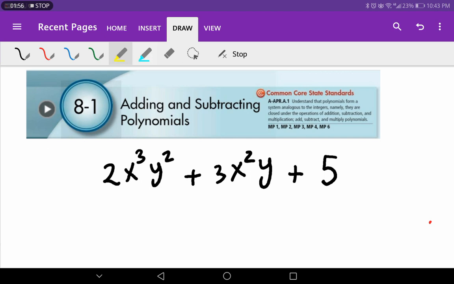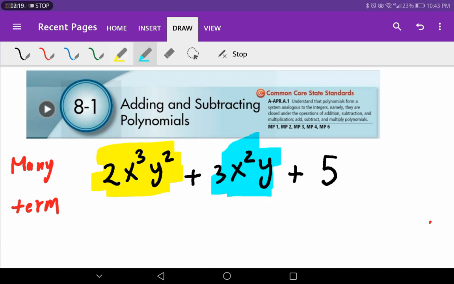First example, it is a polynomial. That means many terms. You ask, what is the term, teacher? My dear student, this one is the first term of this polynomial, and this the second term, and this the third term.